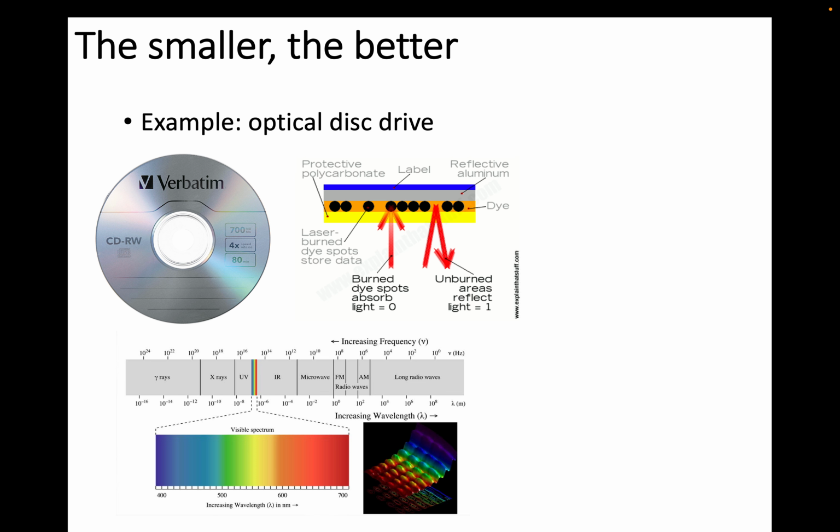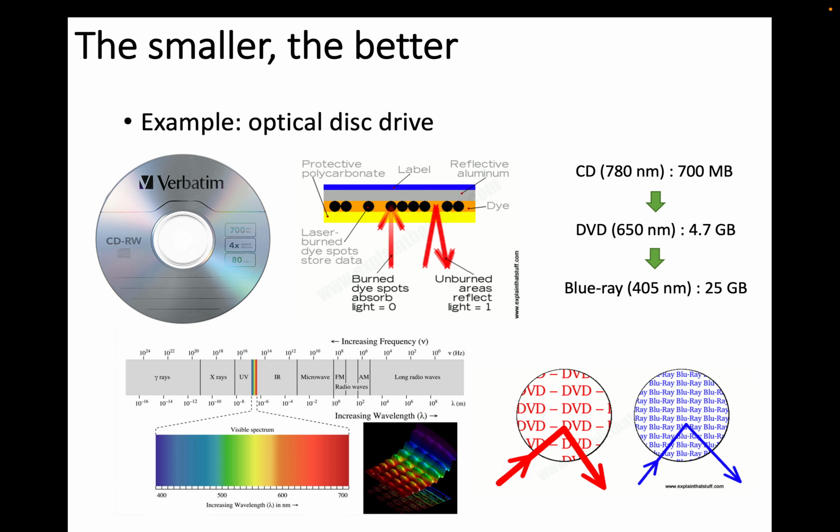Again, if I reiterate, the higher wavelength is red. 700 is red, and 400 is more like violet. The way we advanced this technology was by using different wavelengths of the laser. For example, for CD-ROM, the laser wavelength was 780 nanometers.